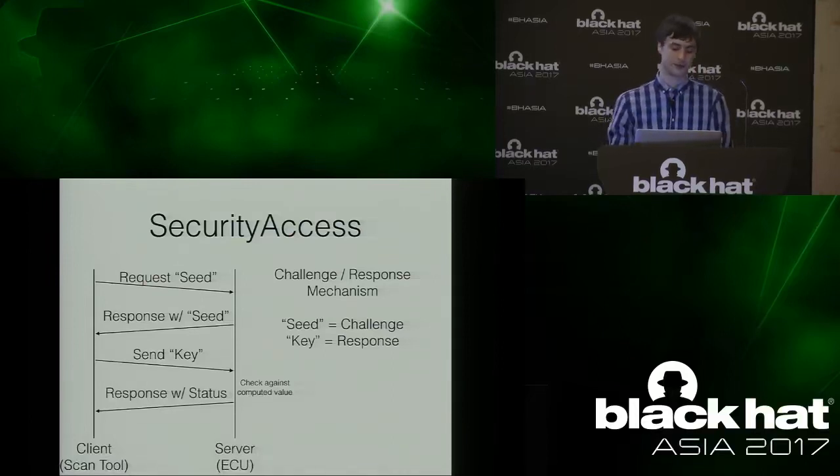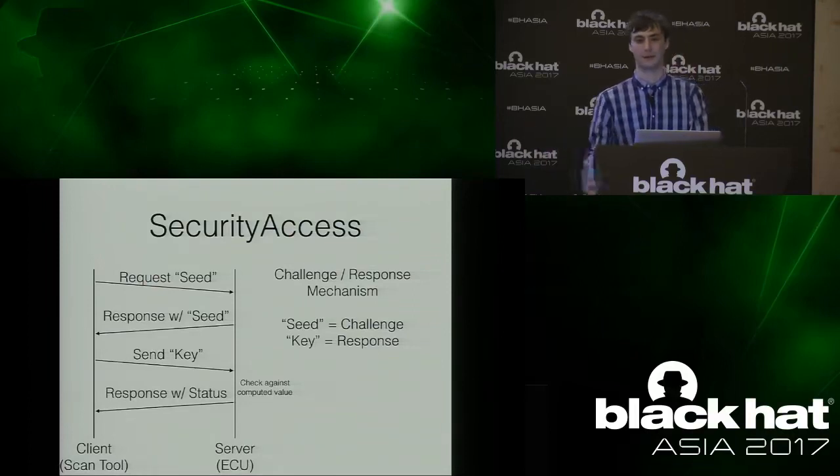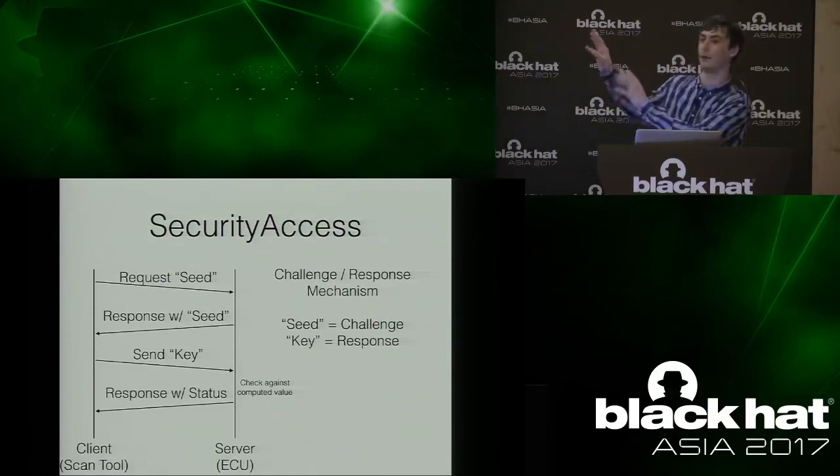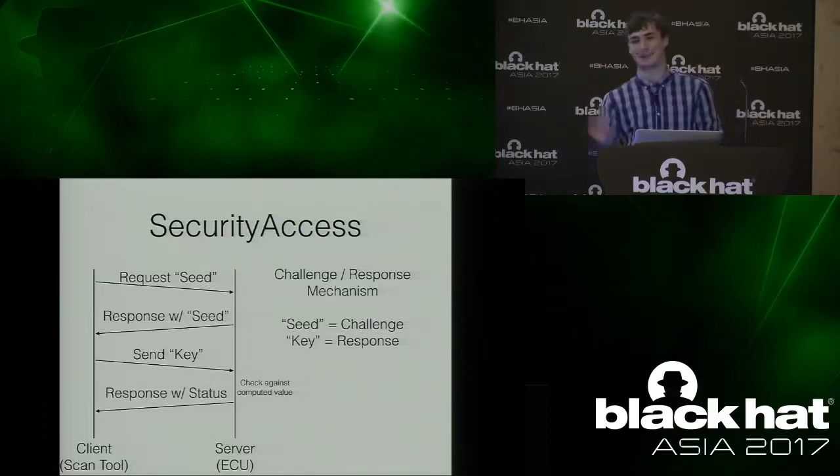So the way it works is you request a seed from the ECU. And this is meant to be a random number or a nonce, just something random. It responds with that random number. You then send a key, and this is the one place where that is not the right word. That should be a response, but it's called a key.